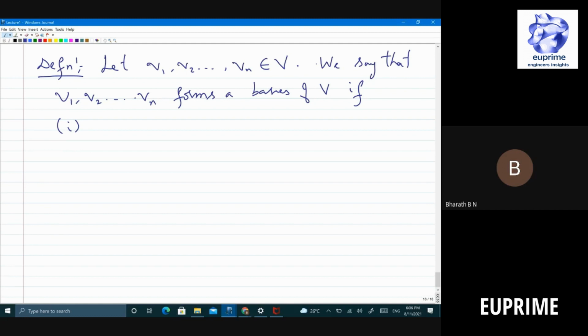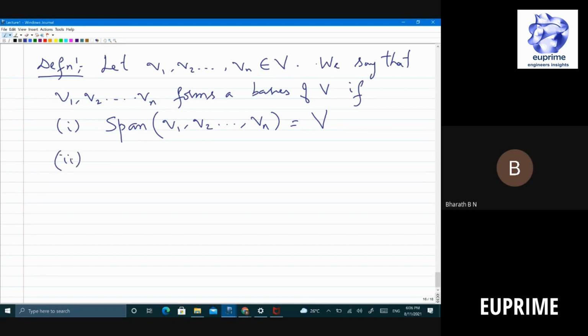It should span the entire vector space. In other words, you look at the span, or all possible linear combinations, it should be the entire V. And what else?